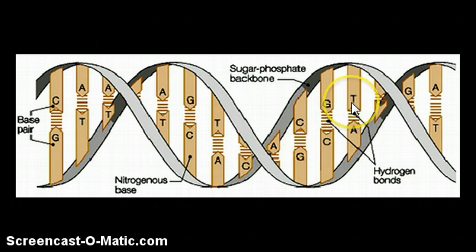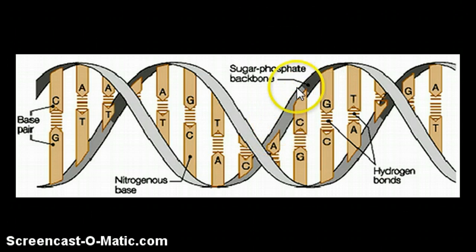Now, keep in mind that just because we're talking about the nitrogen bases being held together by hydrogen bonds, there's still two other parts to each nucleotide. Remember that here you've got a nitrogen base, but part of a nucleotide is also the sugar and the phosphate that are attached to that nitrogen base. And that's what this is referring to right here.